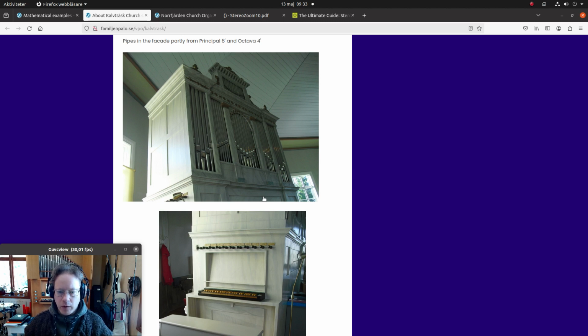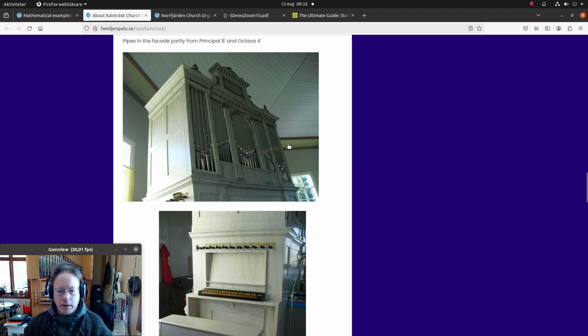In a small organ that stands on the ground, it's pretty easy. If it's compact, you won't have that much of a difference between the pipes in here compared to the front ones, unless you're very, very close, of course.